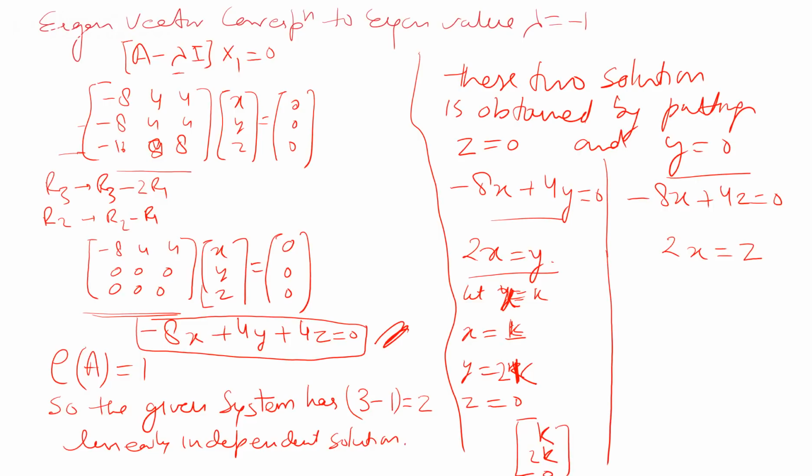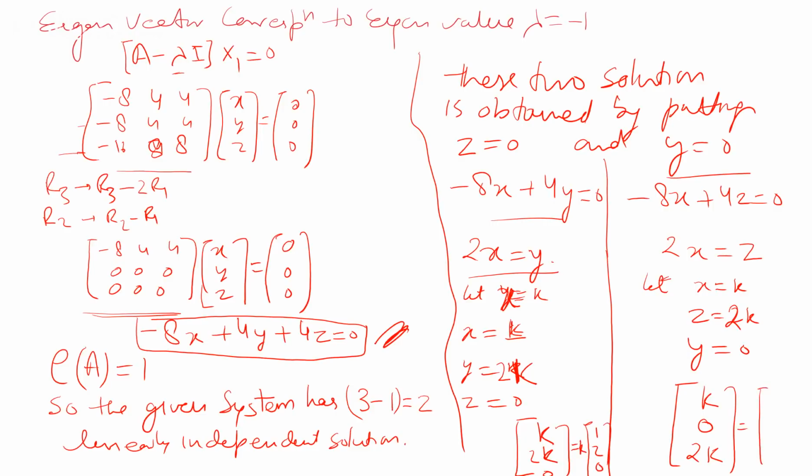And if we take y equal to 0 and let x equal to k, we get z equal to 2k and y equal to 0. So we get another vector, k, 0, 2k. If we take k as common, we get 1, 2, 0 for the first and 1, 0, 2 for the second.